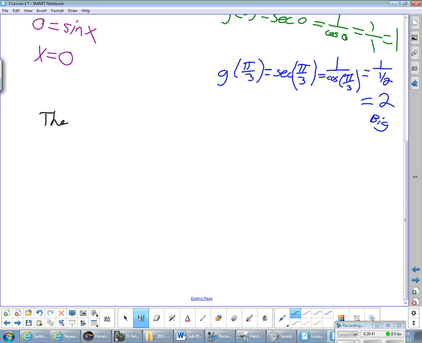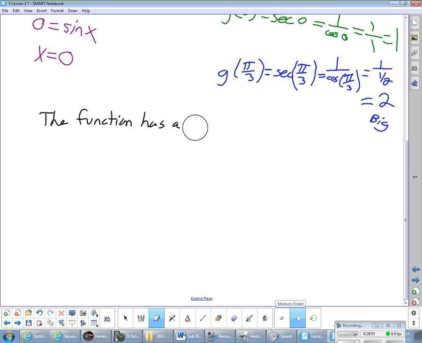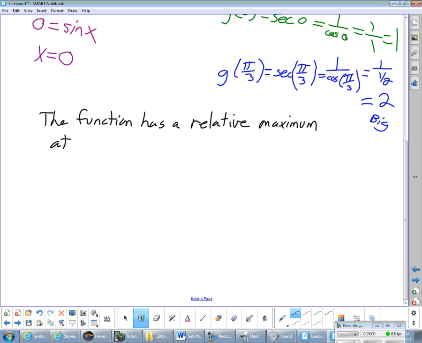Here's our answer. The function has a relative maximum at the highest point, with this last one, pi over 3, comma 2.